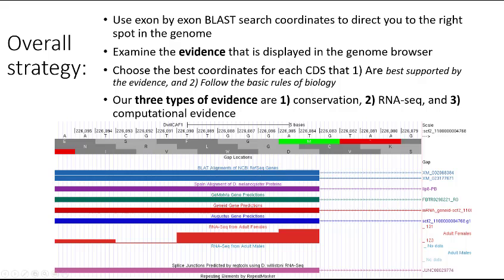We will look at different pieces of evidence, including the RNA-seq data, the gene predictor programs, the conservation track of alignment to D. melanogaster proteins, and also the splice junctions, which indicate actual splice sites that were used in that RNA. We will pay attention to the exact base that is the likely last base of the exon.